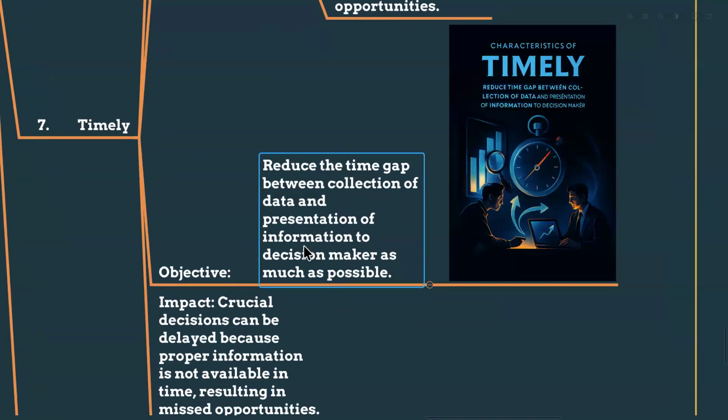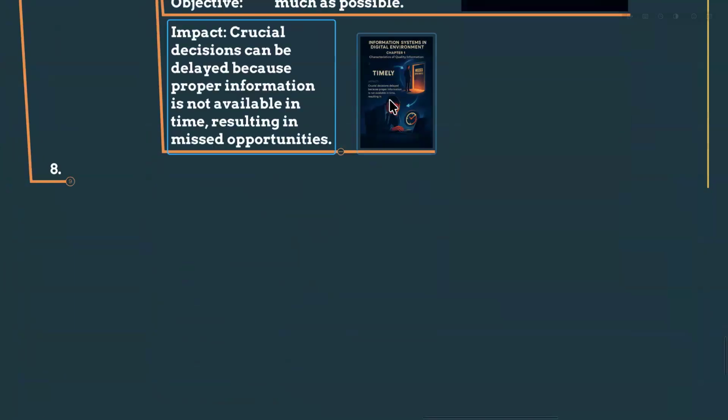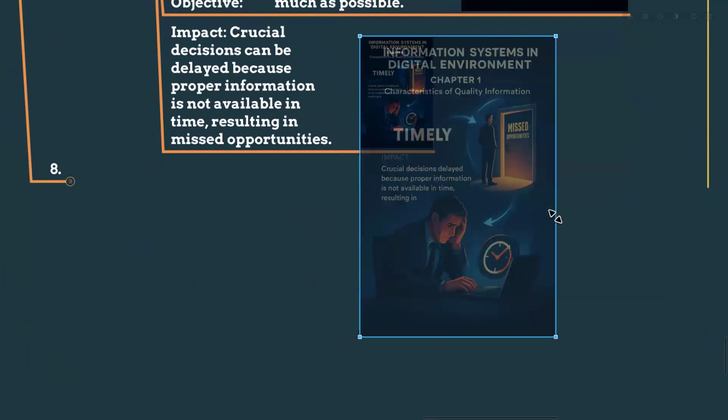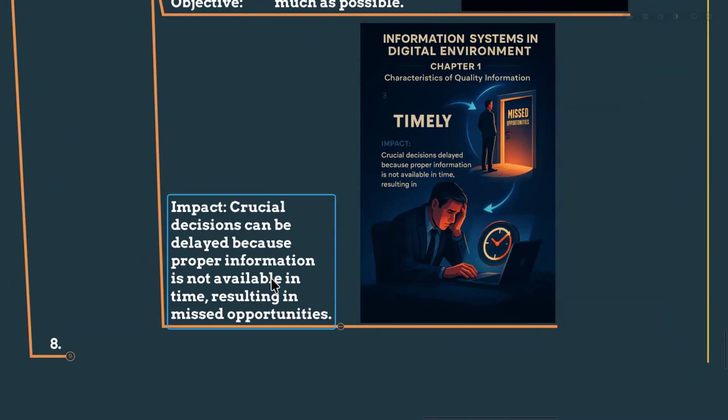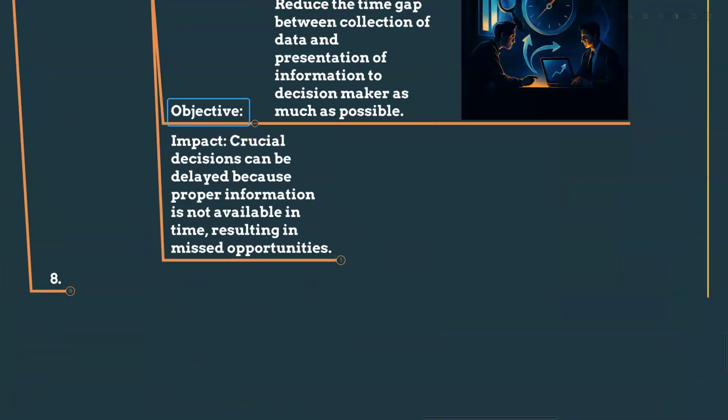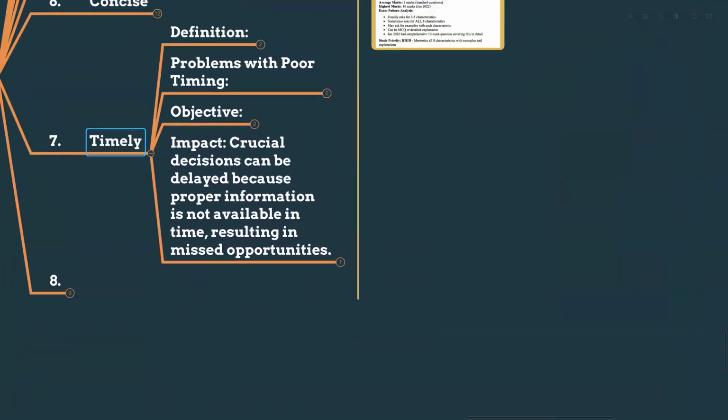Collect the data, process it, and give it as a report, information, right? That is timely. So the impact is very crucial: decisions can be delayed because proper information is not available in time, resulting in missed opportunities. Sometimes we have to miss opportunities because you didn't give the information in a timely manner.